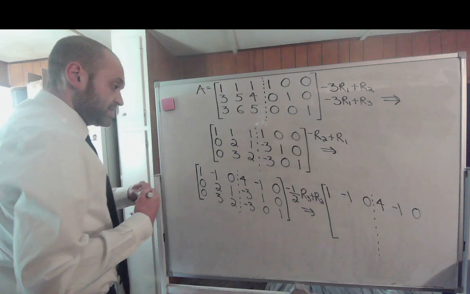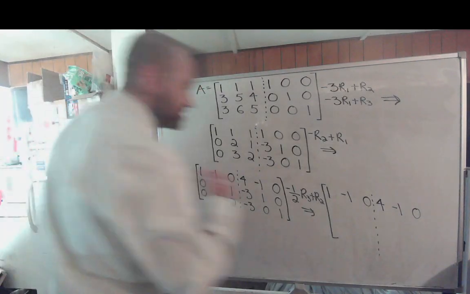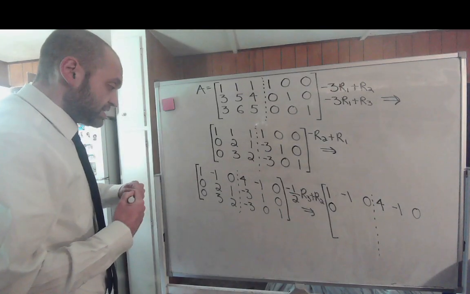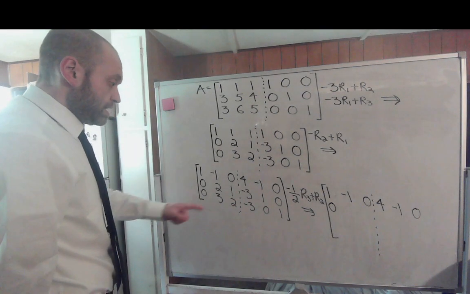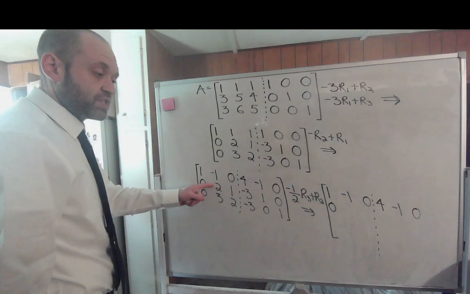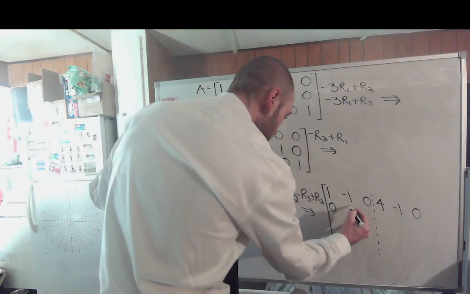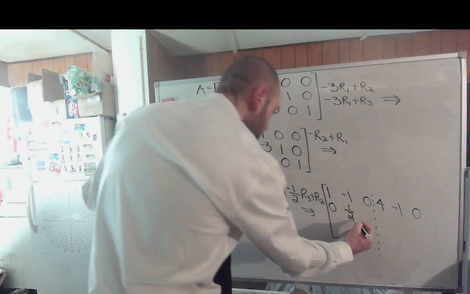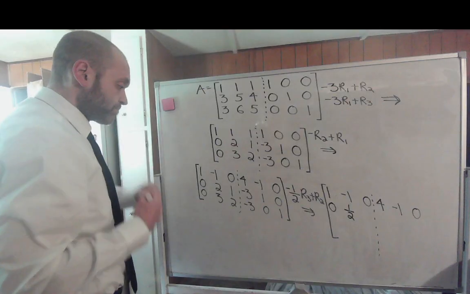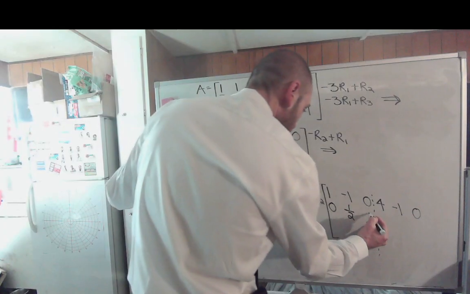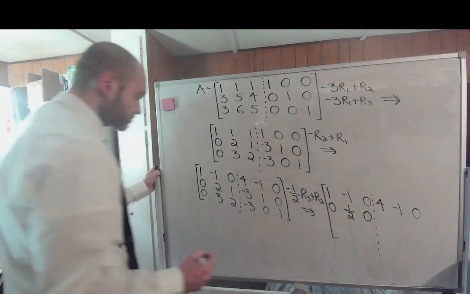Then, alright, let's see. 0 plus 0 is still 0. And then, let's see. Negative 3/2 plus 2, that's going to end up being 1/2. And then, let's see, negative 1 plus 1 is 0.